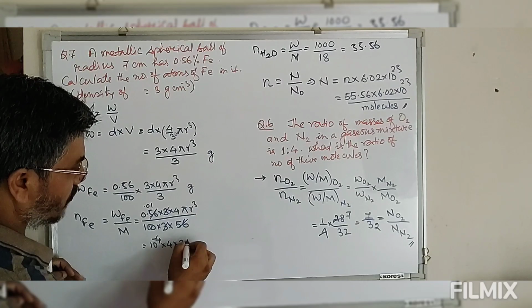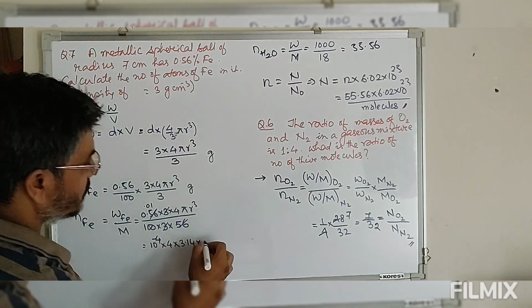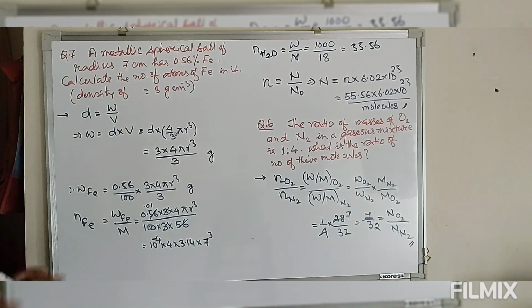Pi is 3.14, and r is given as 7, so 7 cube. So this is the number of moles of iron present.